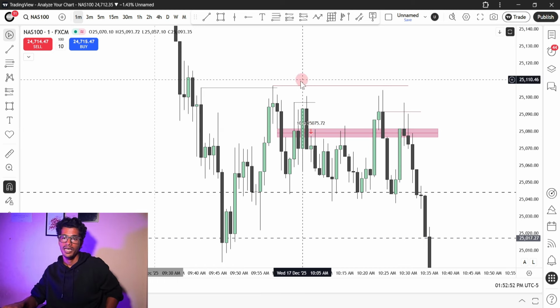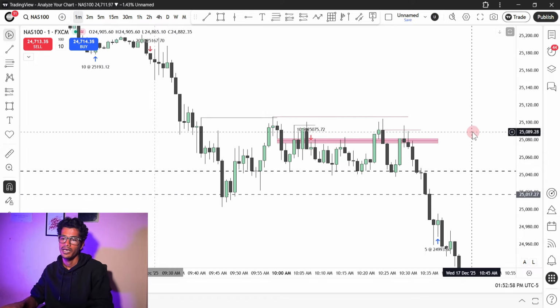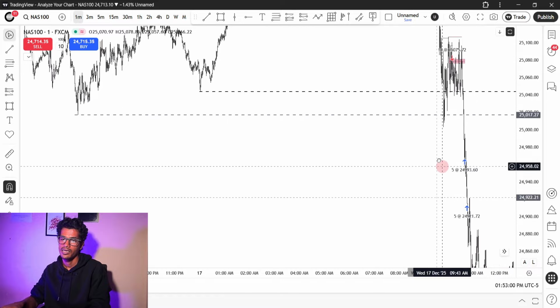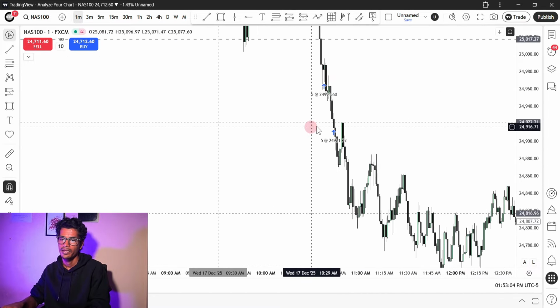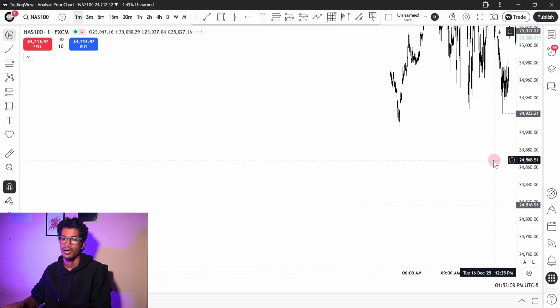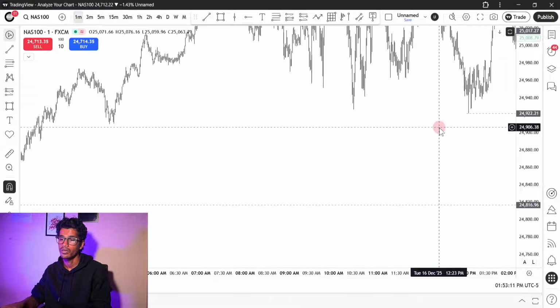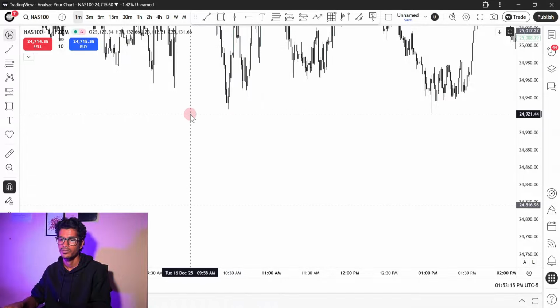I went short, putting my stop loss just above that high, right there. I took some partials below that low, then got all out below these equal lows.